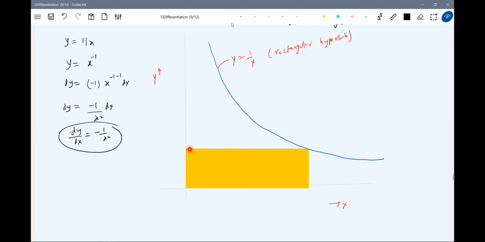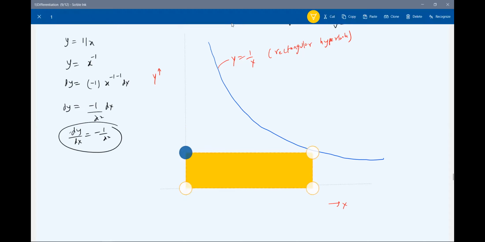There's a width and there's a height. What I notice is, as I increase the height, the width will change. Similarly, as I increase the width, the height will change.